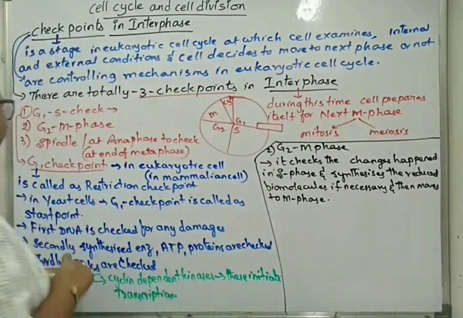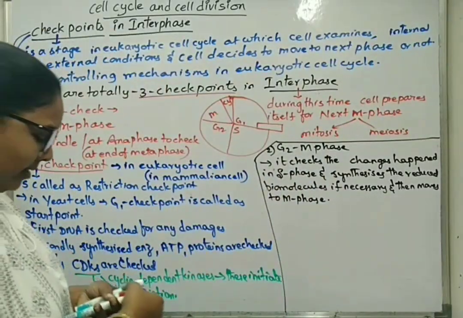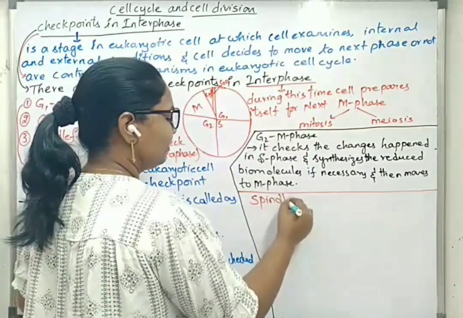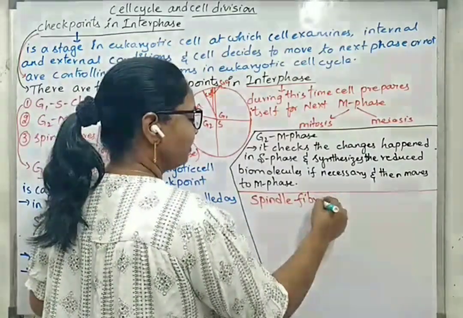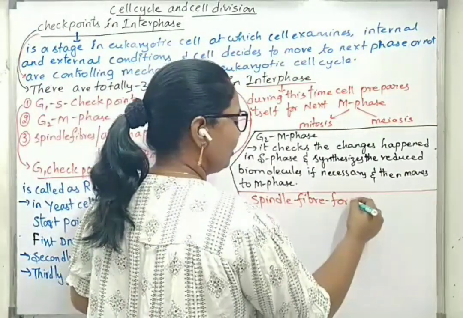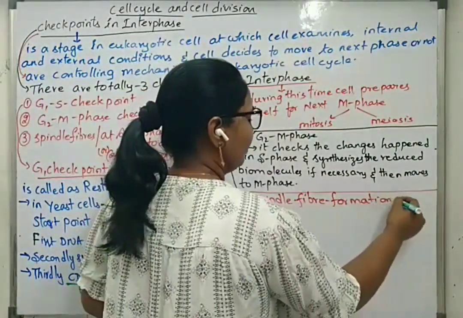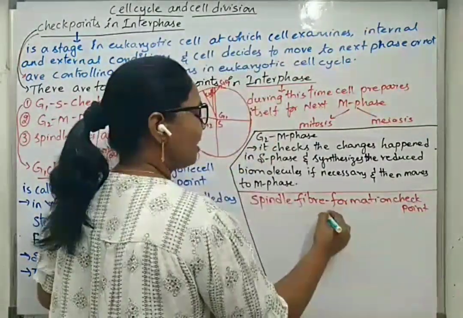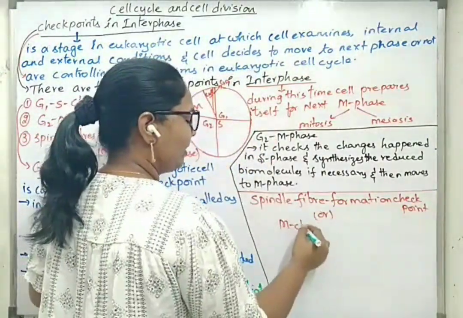Next one, spindle fiber formation checkpoint at M phase. This is also called the M checkpoint.